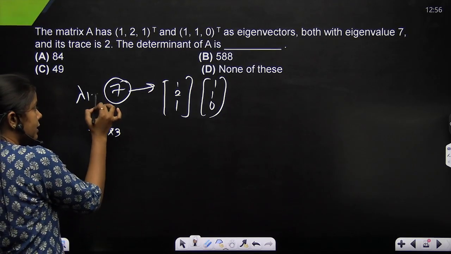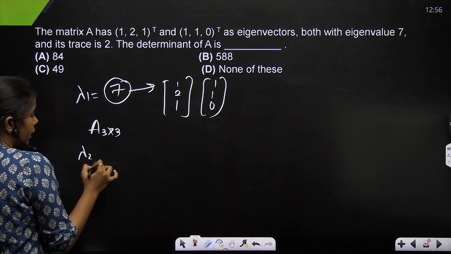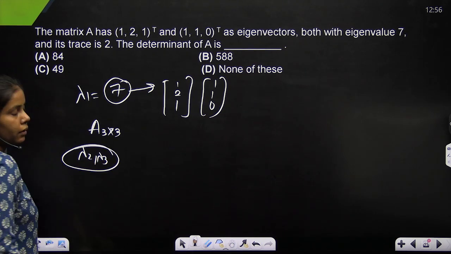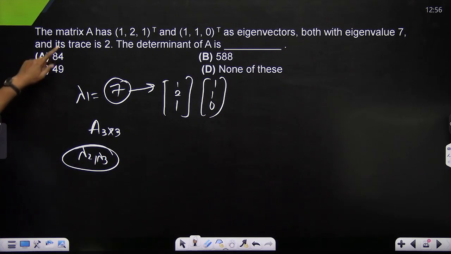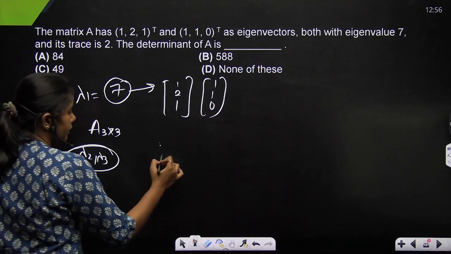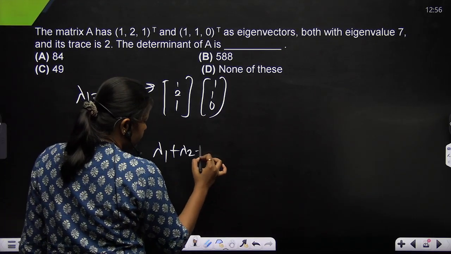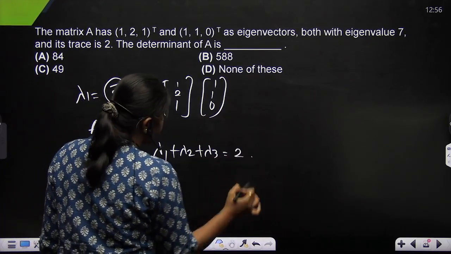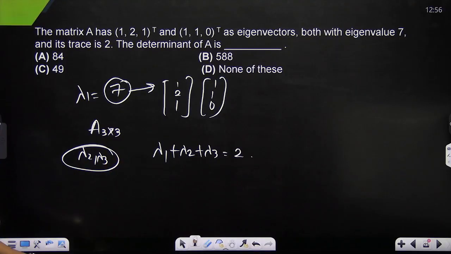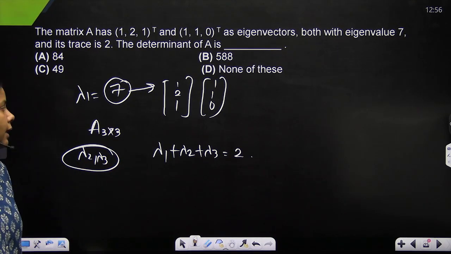Let's say lambda 1 is 7. So lambda 2 and lambda 3 are also required. Right? So trace is given to me as 2. So I know one thing: lambda 1 plus lambda 2 plus lambda 3 is equal to 2. But again, I am not able to find the second and third eigenvalues with only this equation. So what would be the second eigenvalue?